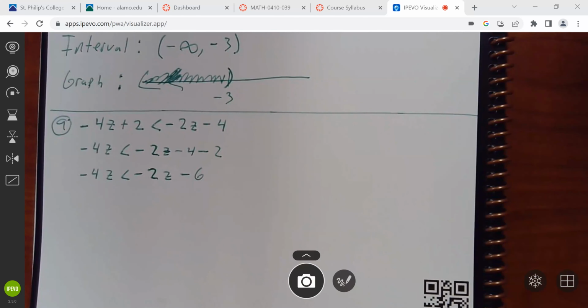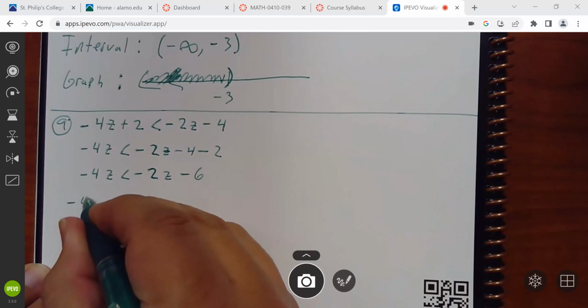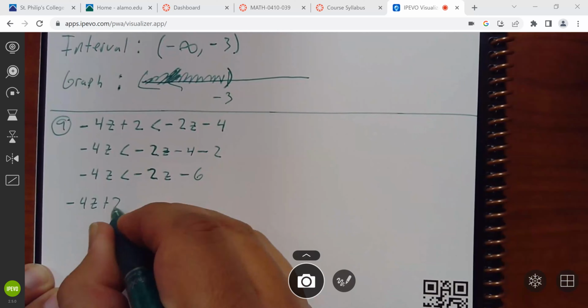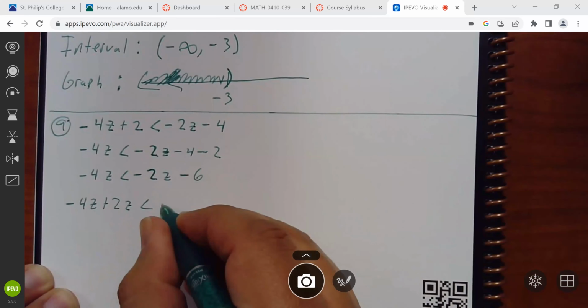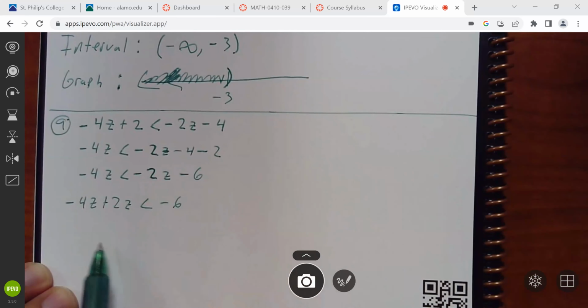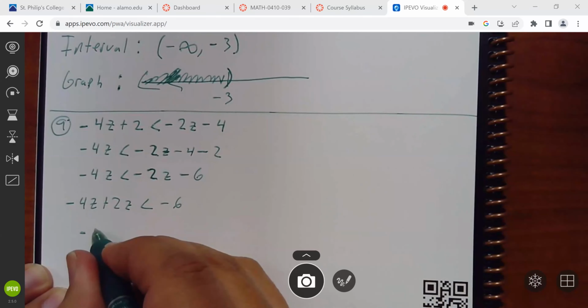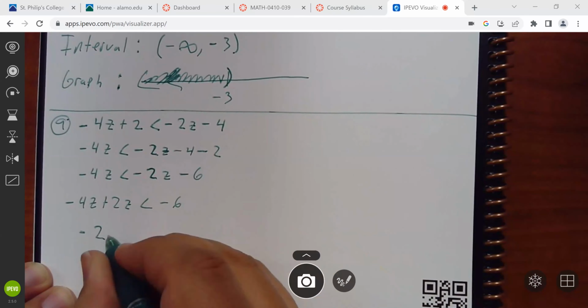All right, let's move the 2Z over and then just divide. Let's make sure we know whether you're going to flip or not. Where's the final step?